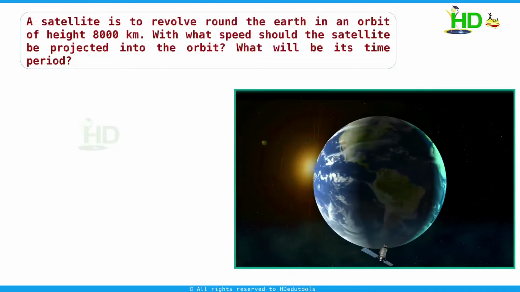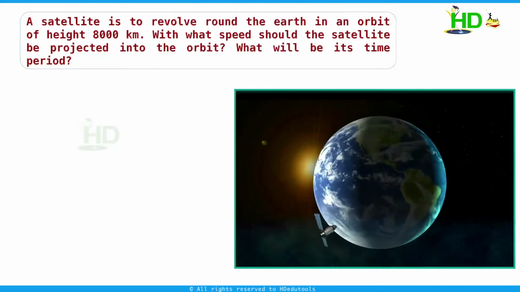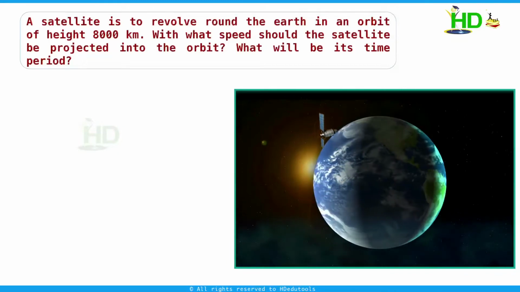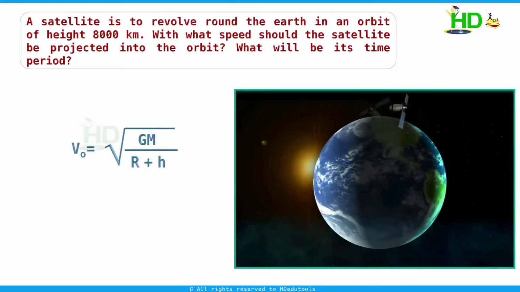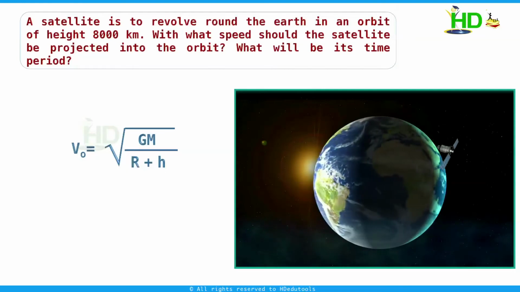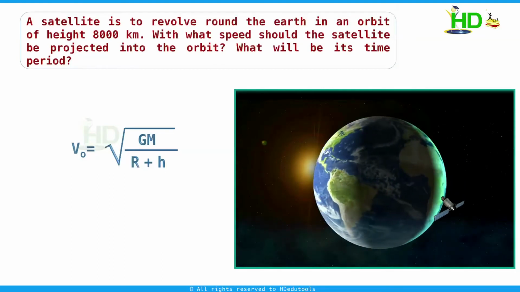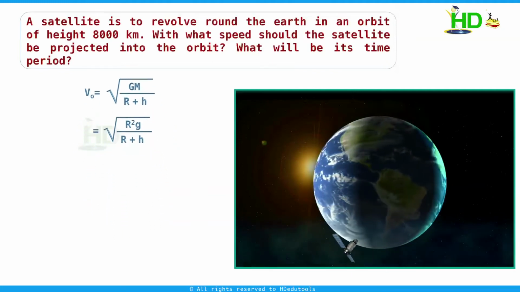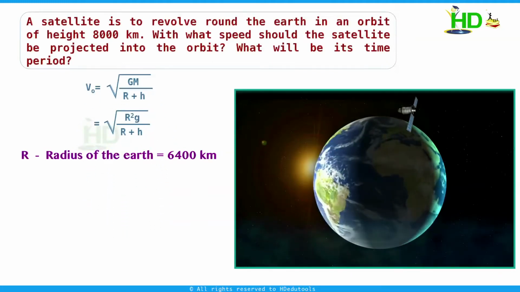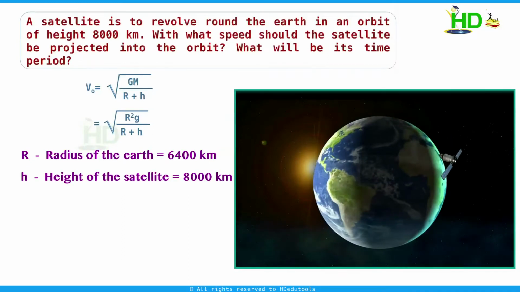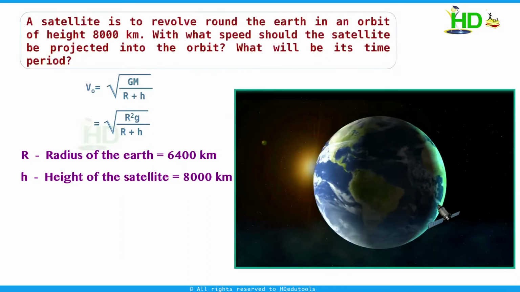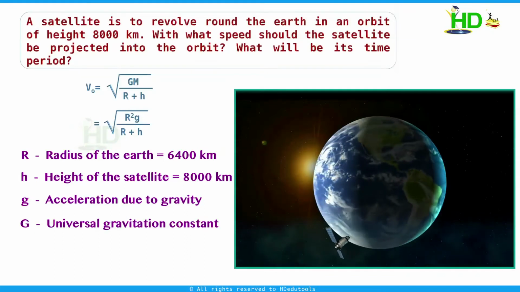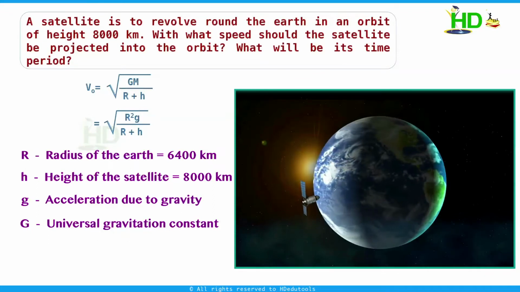For a satellite to move around the Earth, to maintain a constant orbit, the velocity required is nothing but the orbital velocity, and it is given by root of GM by (R plus h). This also can be written as root of gR square by (R plus h), where capital R is the radius of the Earth, h is height of the satellite from the surface of the Earth, small g is the acceleration due to gravity, and capital G is universal gravitational constant.